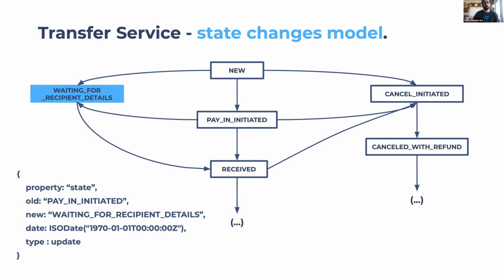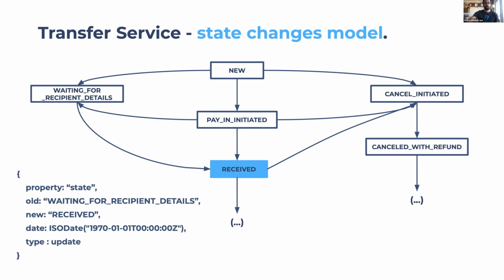In this example, the new state is waiting for recipient details and the log of type updated is generated. From waiting for recipient details, this transfer makes another transition to received state. Again, another log of type update is generated with the new and old state.